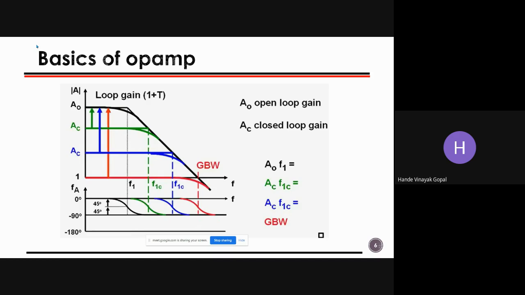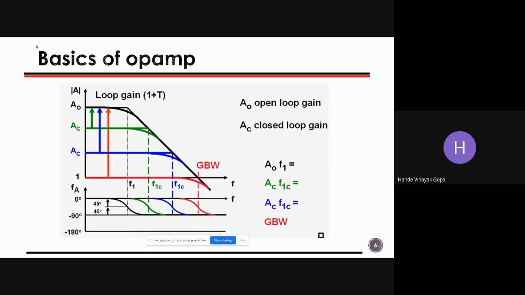And you can say that the gain bandwidth product for all three will be the same. In fact, all four, because at red we are connecting that operational amplifier in unity gain configuration, so you get a gain of 1, but the operating frequency is very, very huge. That is the maximum bandwidth you can get out of that, right?